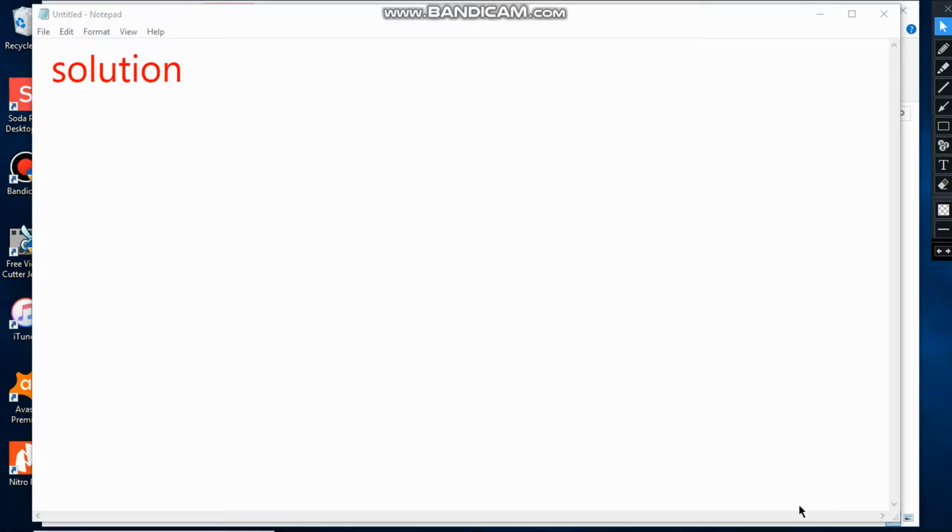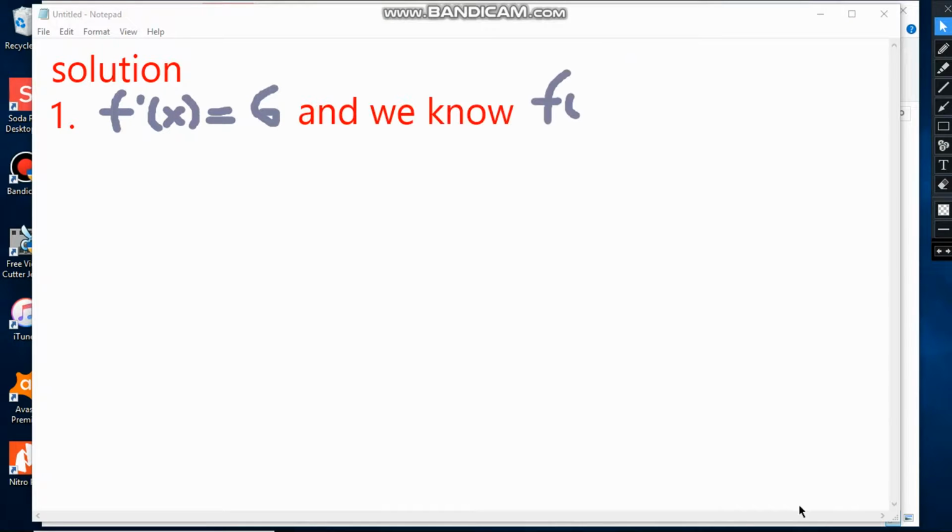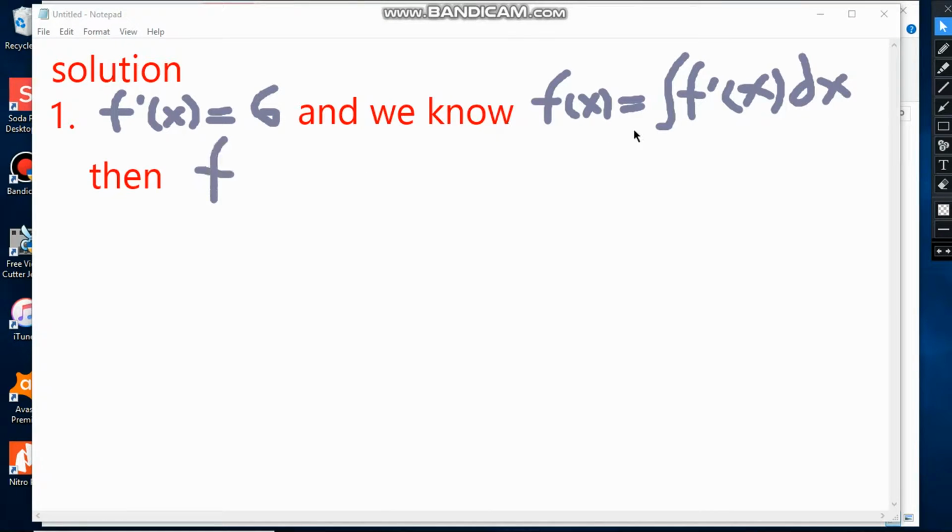Let's show the solution for example number 1. We have f dash of x is equal to 6, and we know f of x is equal to the integral of f dash of x dx.